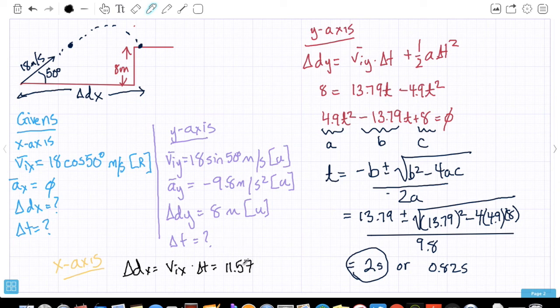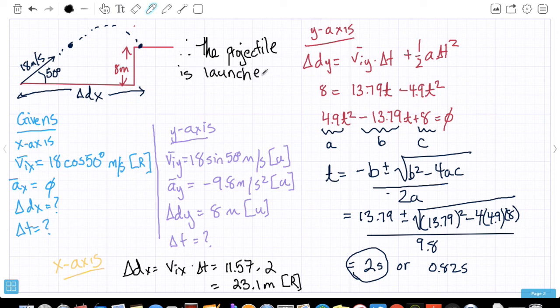And then we multiply that by 2 seconds. And so we end up getting 23.1 meters to the right. So our final answer is the projectile is launched 23.1 meters away.